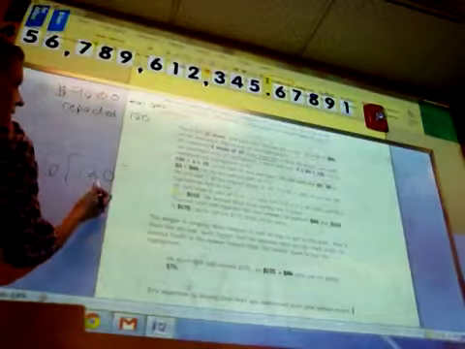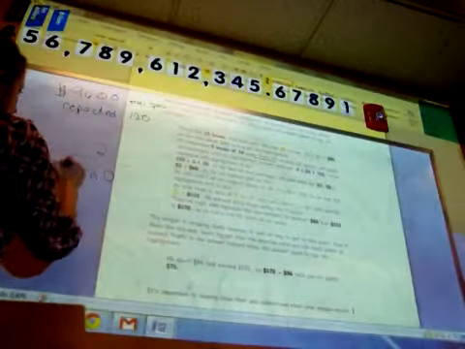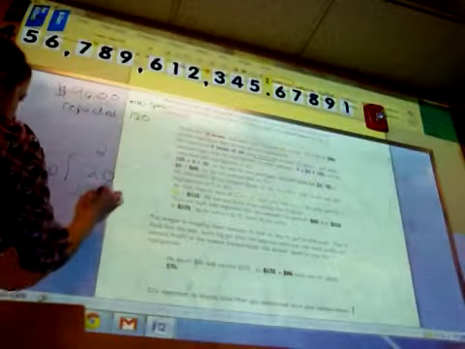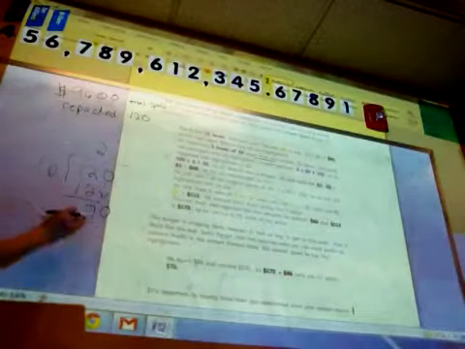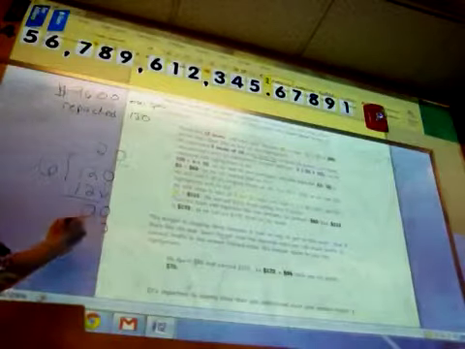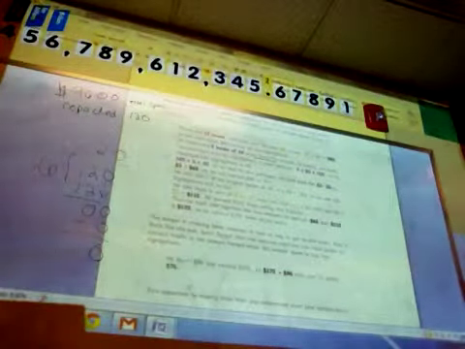6 can go into 12 2 times. 2 times 6 is 12. 12 minus 12 is 0. Bring down my 0. How many times can 6 go into 0? 0 times. 0 times 6 is 0. And I end up with a remainder of 0.